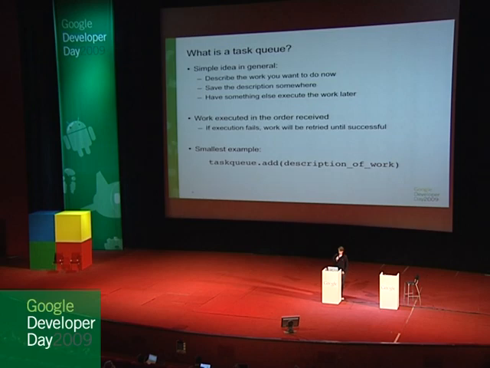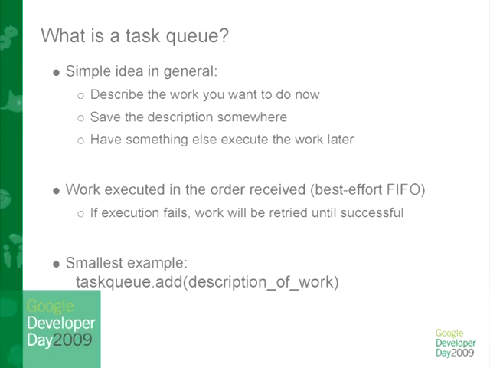So what is a task queue? The idea is that you describe the work that you want to do right now, save that description somewhere, and then later on have something else or someone else do the actual work. The idea is that it's a queue, so the work is executed in the order it's received.